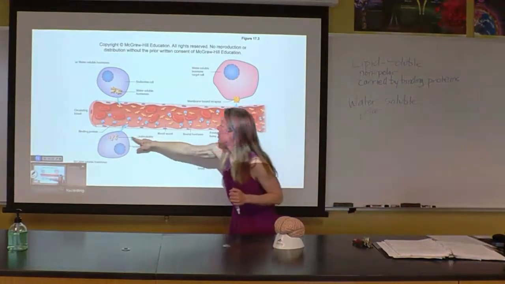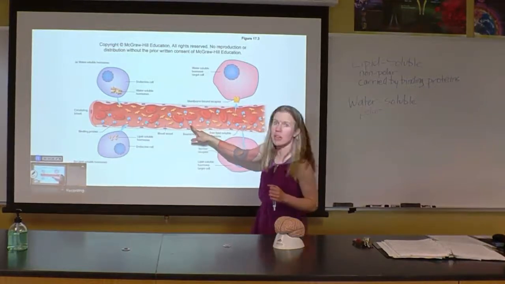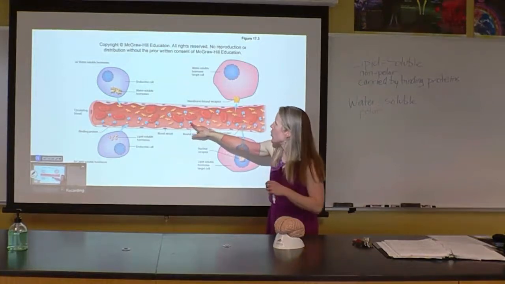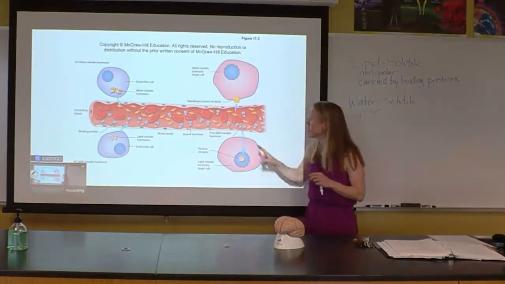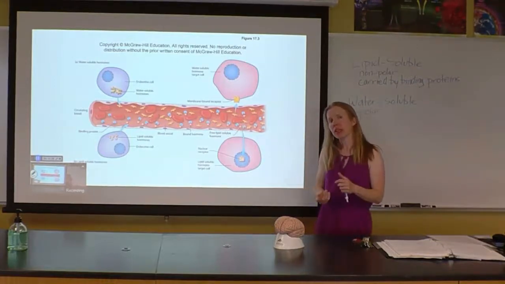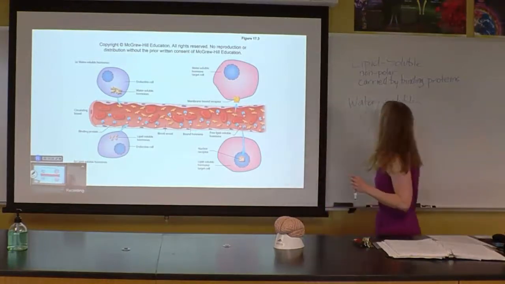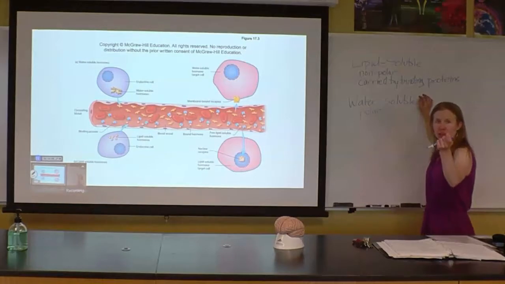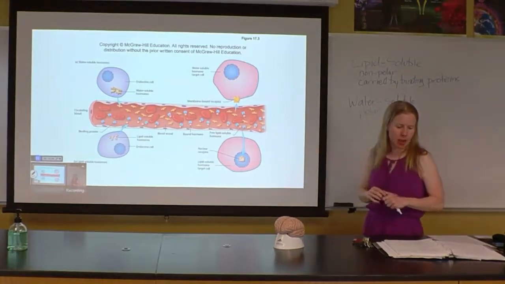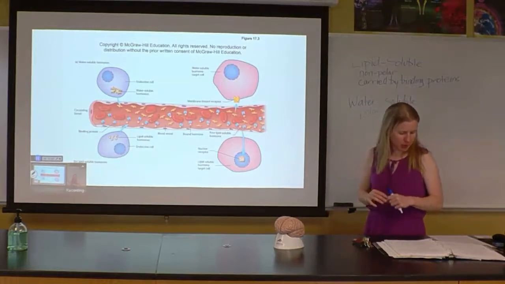So here are our lipid-soluble hormones, and this is figure 17.3, if you need a closer look in your book: the little white lipid-soluble hormones bound to these blue proteins. They, of course, then have to come off of that binding protein to actually leave the bloodstream and act on that target cell. So this binding is reversible, and it's going to help carry particularly lipid-soluble molecules through the bloodstream.